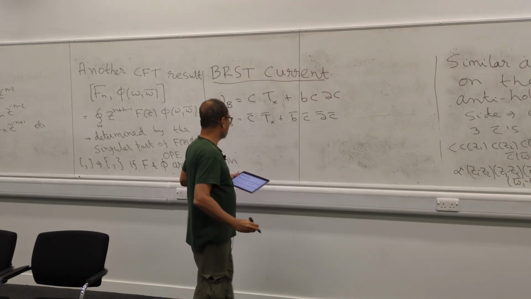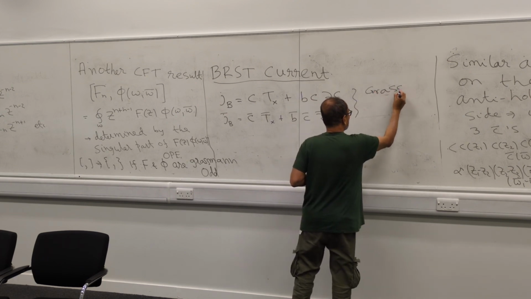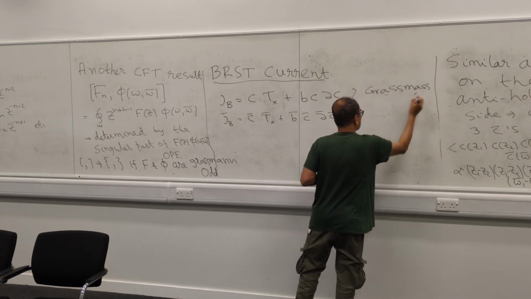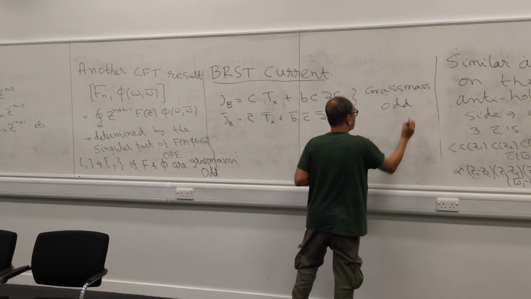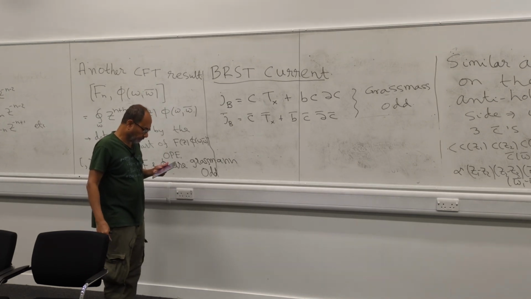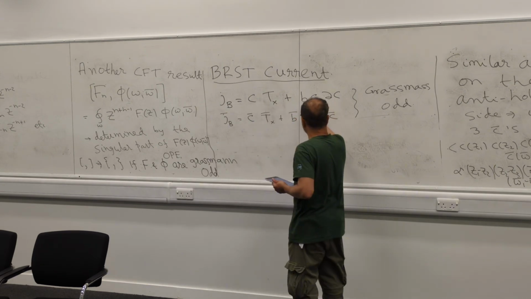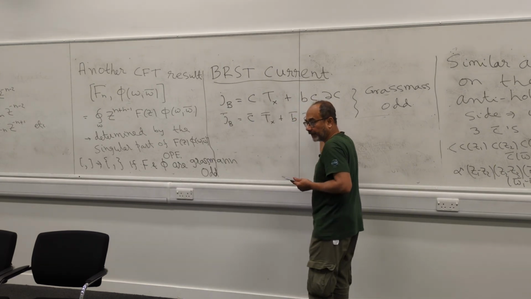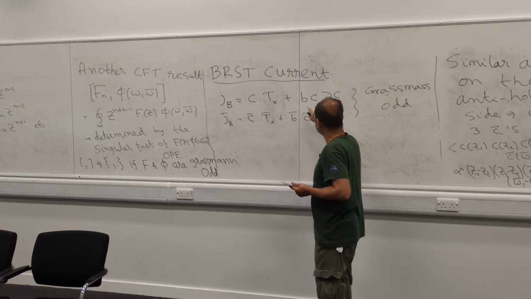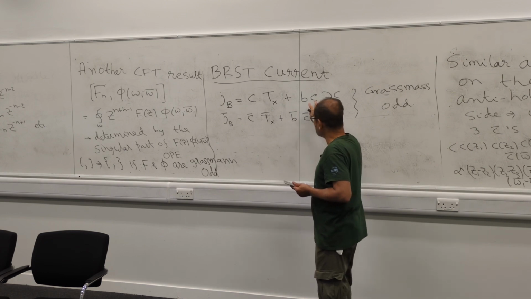Both are Grassmann odd. Here you see that you have a product of b and c at the same point, so you have to do the subtraction. The way you define it is you look at b(z) c(w) ∂c(w), look at the singular parts and subtract them off. That's the way you define these composite operators.